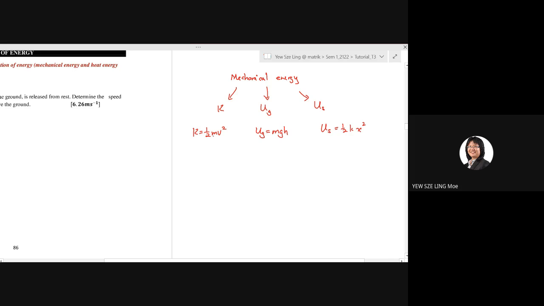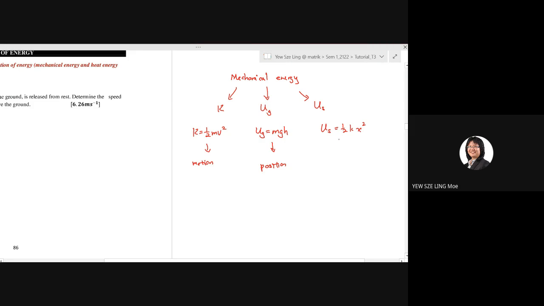Right? So kinetic energy, if you recall, it depends on what? It depends on motion. If your object is moving, then it comes with kinetic energy. And then the second one comes from positions, positions of the object. If there is a change in the height, it means there is a change in gravitational potential energy. Any object that you place above a certain height comes with gravitational potential energy.